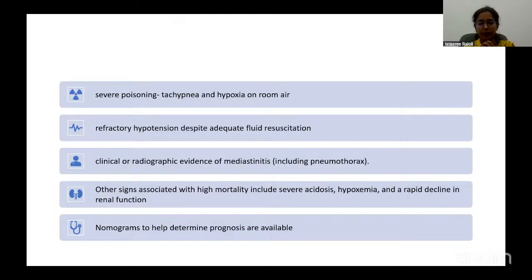Other signs of high mortality are severe acidosis at the time of presentation, hypoxia, and a rapid decline in renal function. Rapid decline means a rise of more than 0.04 mg per deciliter within 1 hour, or more than 4.5 mg per deciliter in more than 4 hours. If there is an increase in the serum creatinine level, the prognosis is very bad, and nomograms can be used in determining the prognosis.